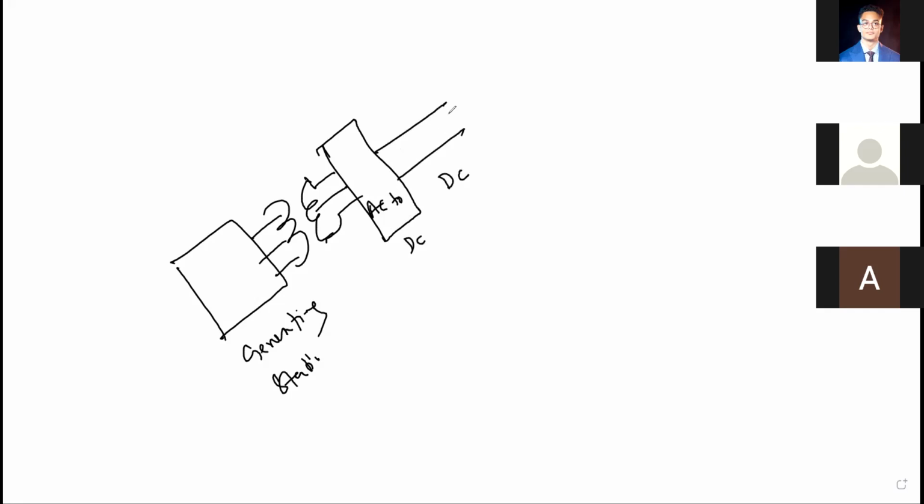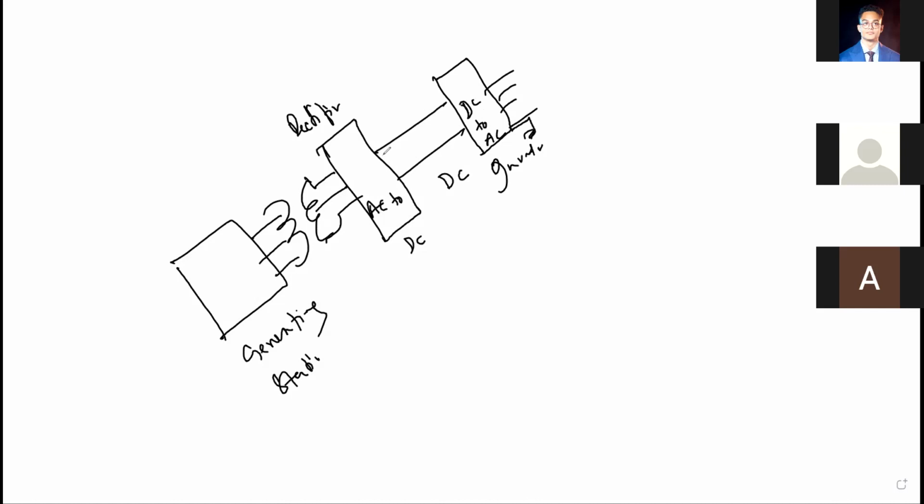Although they have shown two wires, you can use one wire. Another wire can be avoided using the ground. And this is your DC to AC again, inverter. This is a rectifier, and from there you can go to the distribution line.